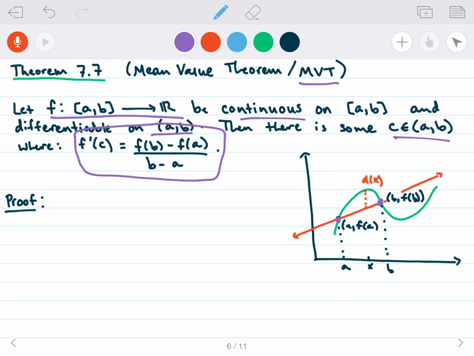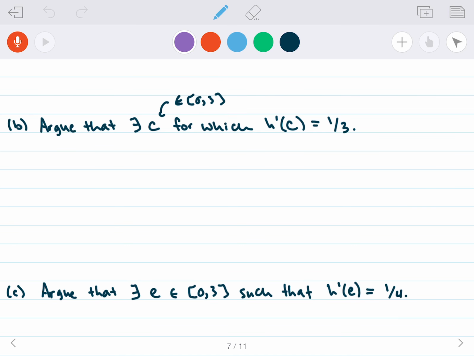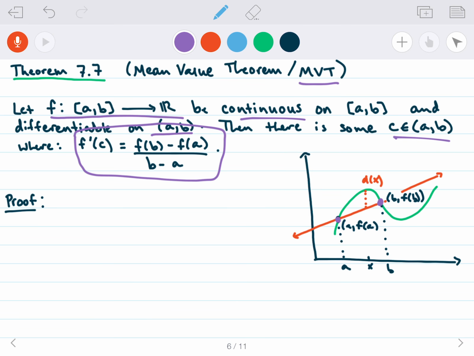The slope of that secant line, rise over run, is just the difference of f of b and f of a over b minus a. And our claim is that this is going to be f prime of c for some c that lives in the open interval from a to b.